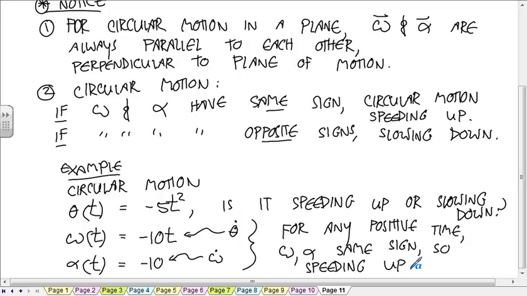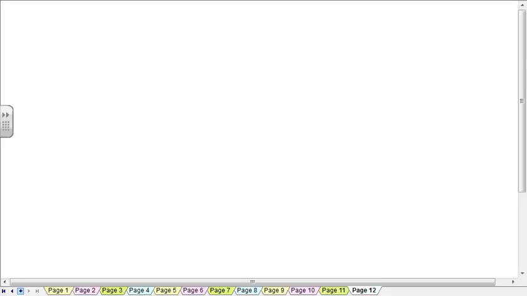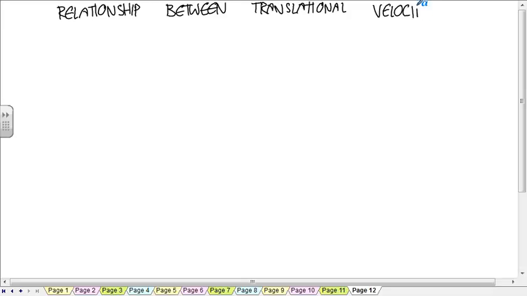Okay, so now one of the useful things about omega and alpha is that we have a nice simple relationship between translational velocity and acceleration and rotational or angular velocity and acceleration.